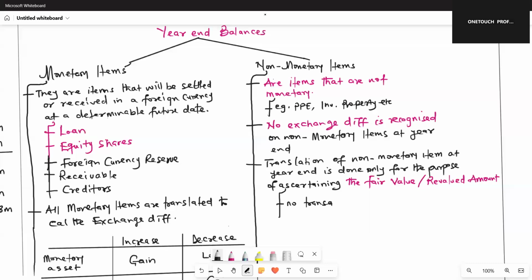No translation will be required where the entity uses the cost model. The cost model is where you just pay the cost of the asset and then you depreciate. No revaluation gain or loss.